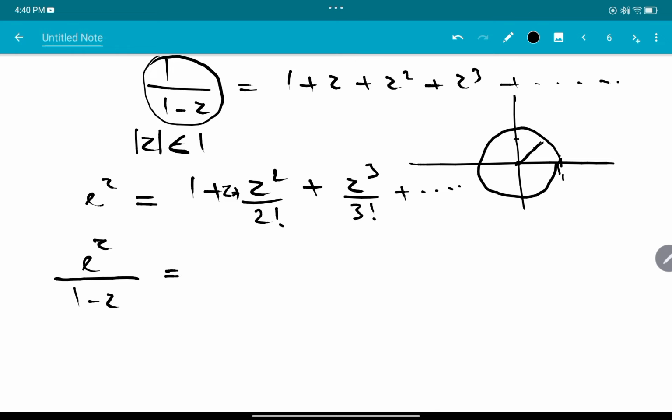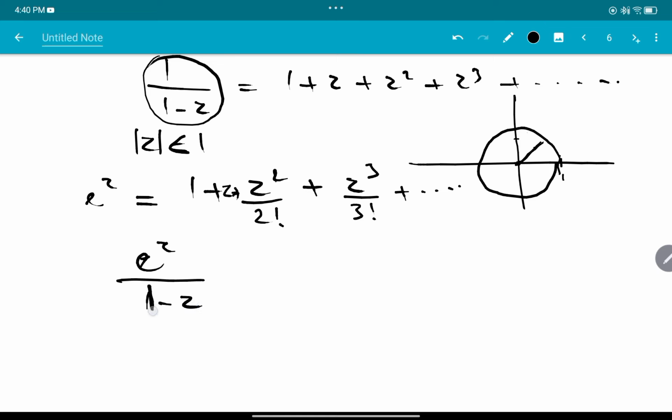Now there is another method. One more thing we can do is write, for example, e raised to z divided by 1 minus z.